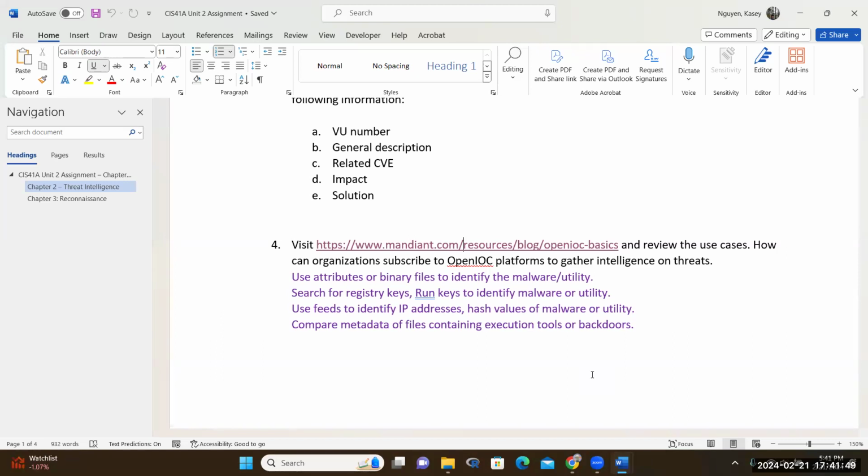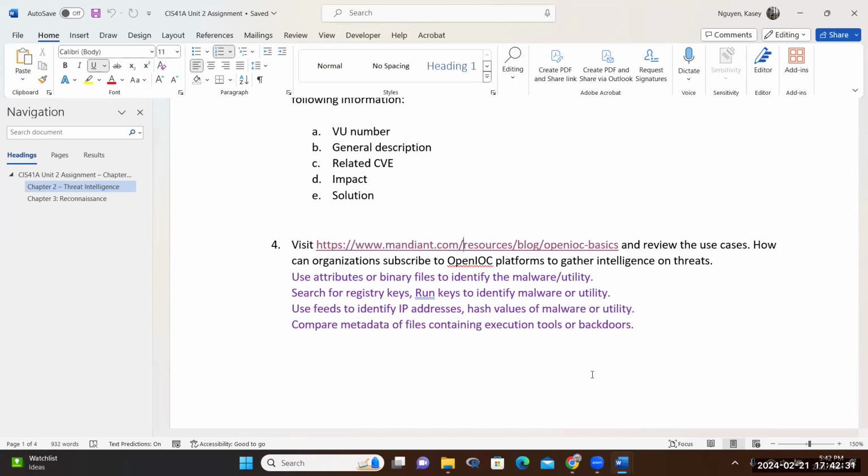A lot of times when you see this, in the case of a rootkit or logic bomb, things of that nature, it's likely that you have metadata file information. Now, not all malware would have any kind of backdoor, right? They are all different. So we want to make sure that we utilize resources to gather information about the malware.